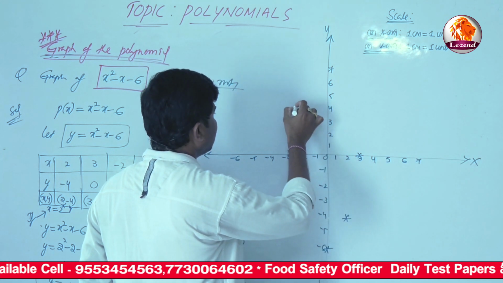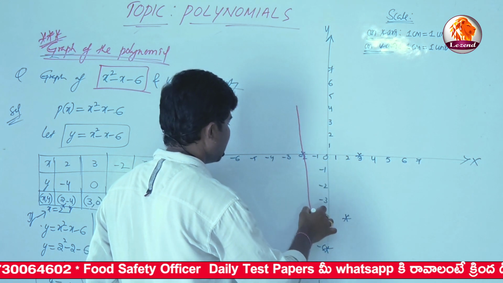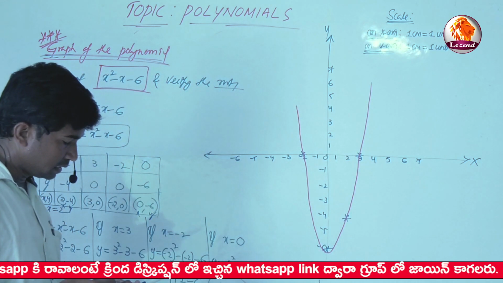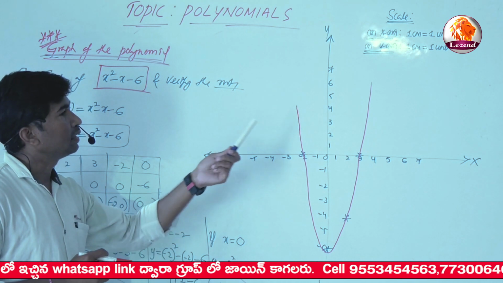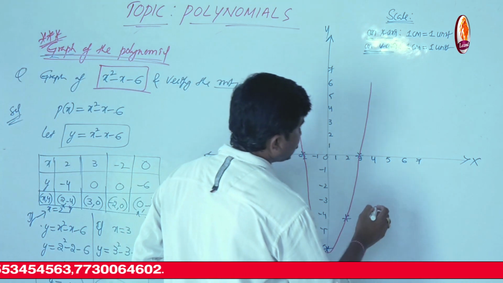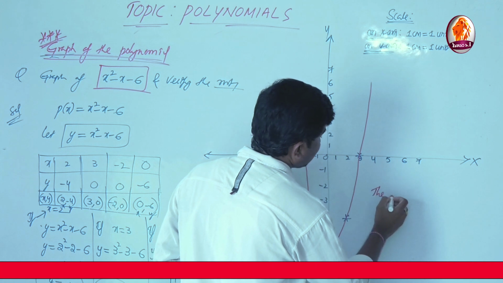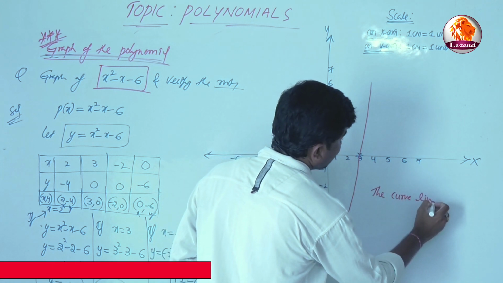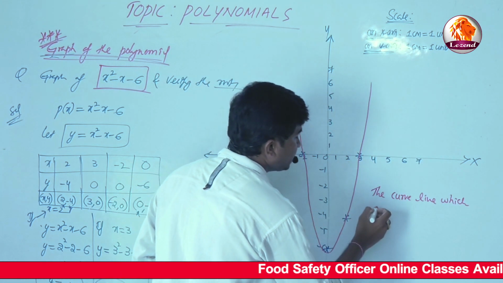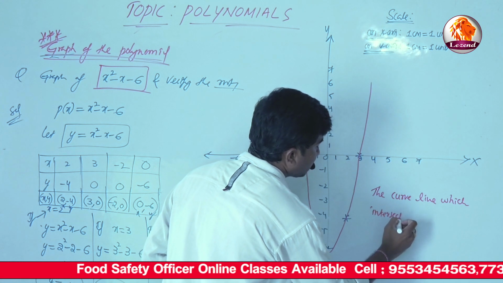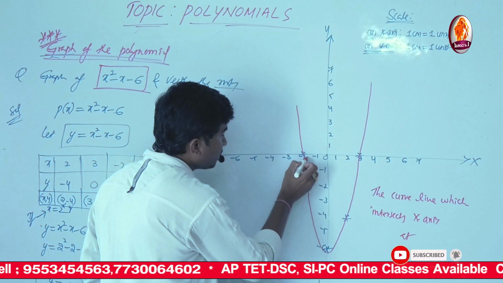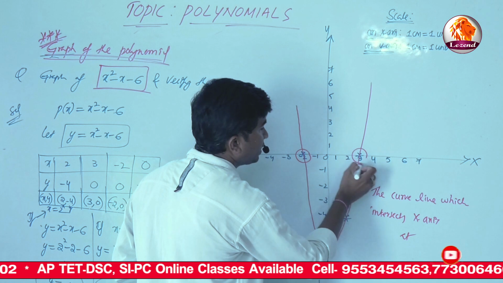Draw the curve joining all these 4 points. This is the graph for the given quadratic polynomial. Now we can write that the curve intersects the x-axis, meaning it touches the x-axis, at minus 2 comma 0 and 3 comma 0.